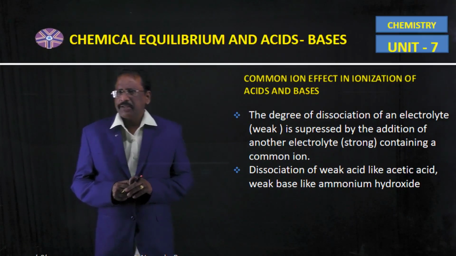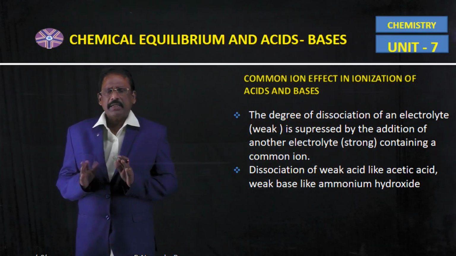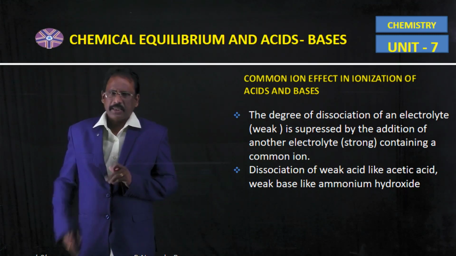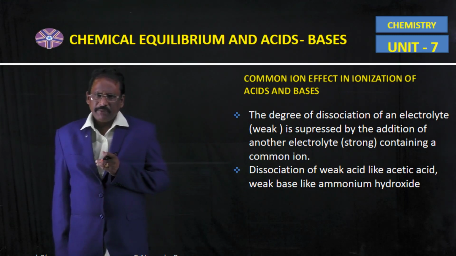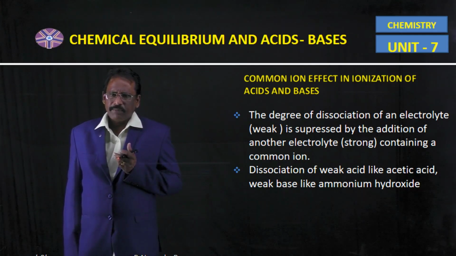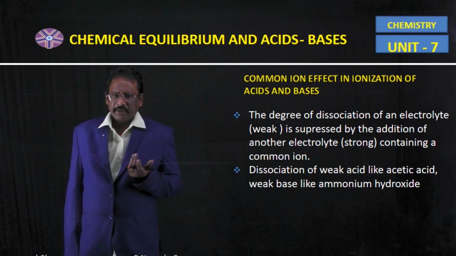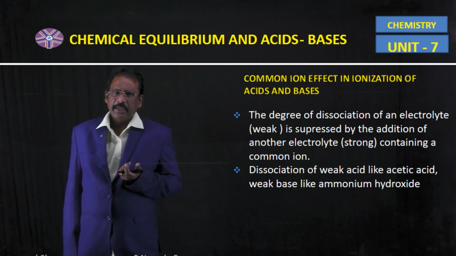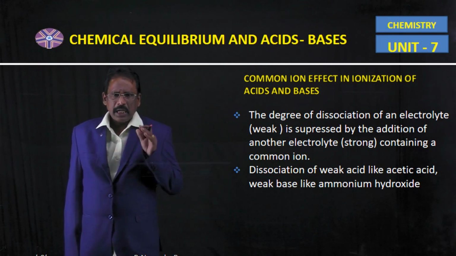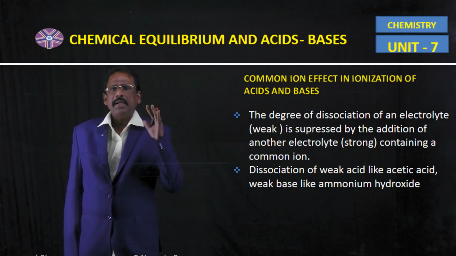Now the next one is: what is meant by the common ion effect in ionization of acids and bases? Common ion effect is defined as follows: the degree of dissociation of a weak electrolyte is suppressed, decreased, by the addition of another strong electrolyte which contains a common ion.